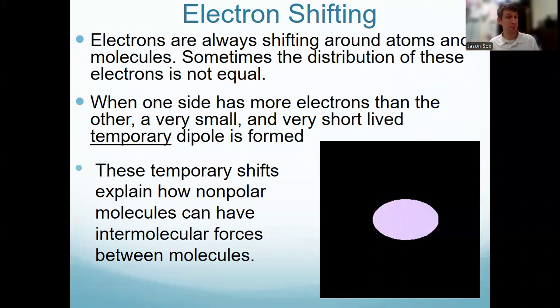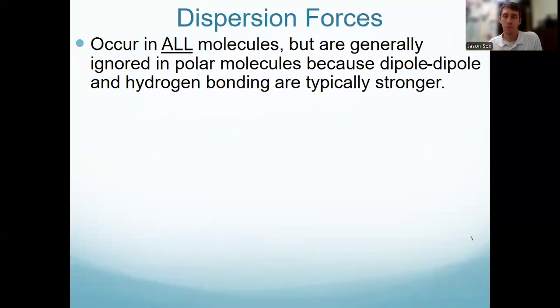And then those temporary dipoles can interact with other nearby molecules. There's a lot going on here, but that's how nonpolar molecules can still participate in these intermolecular forces. So we call the forces that result from these temporary shifts dispersion forces, or you might have heard the term London dispersion forces, okay? These are also referred to as van der Waals forces, named after the first person who was studying the phenomenon that happens here, okay?